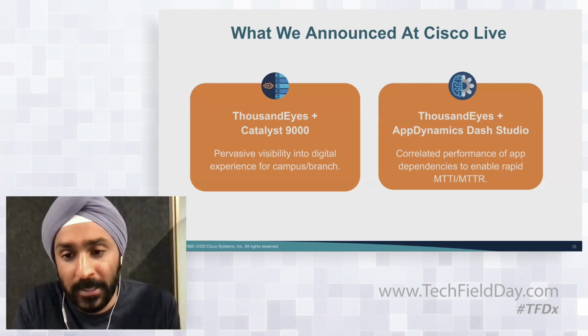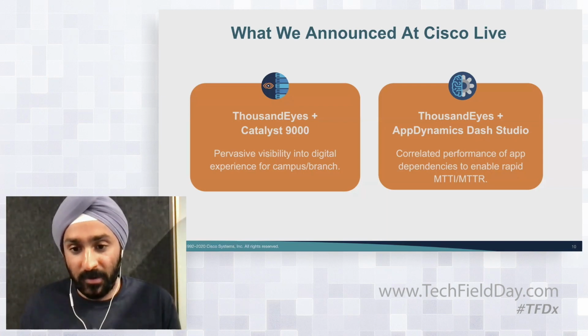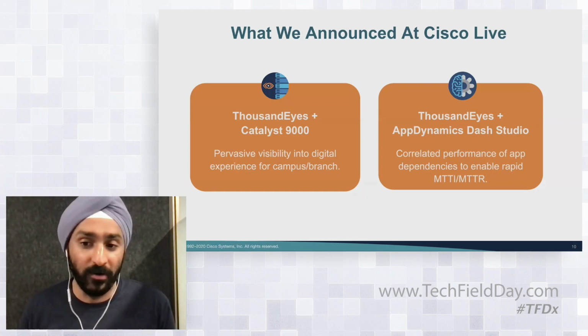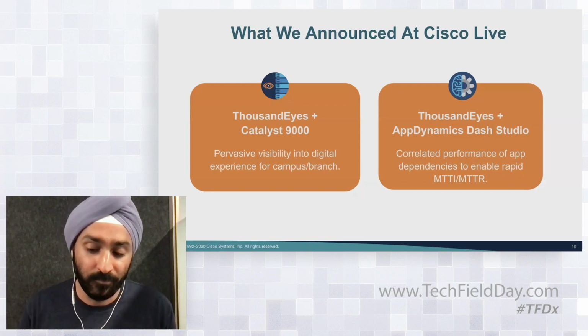We'll talk about that. And the other, across this common operating language, is being able to provide ThousandEyes data to understand these third-party dependencies in a single dashboard with AppDynamics Dash Studio.